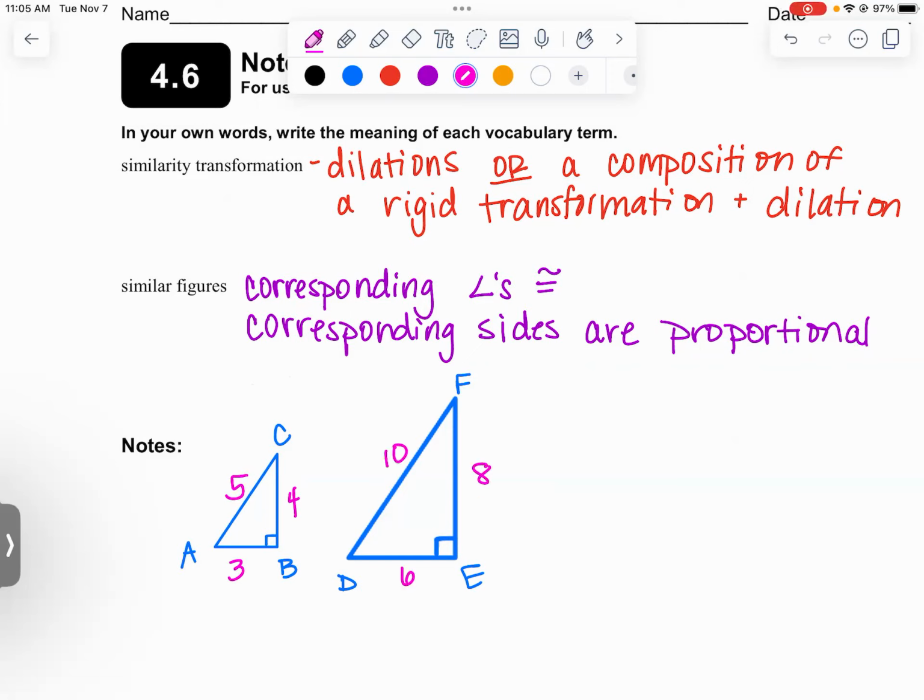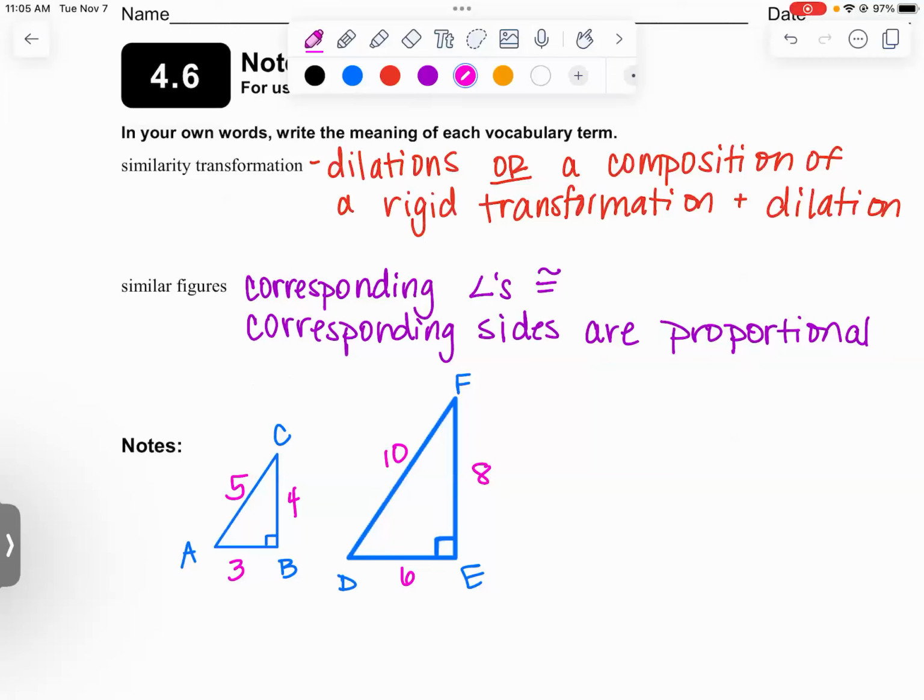Okay, I want you to draw these two triangles for me, please. Are they congruent? Oh, but you said something about something. Did I say congruent? What are they? They're similar.